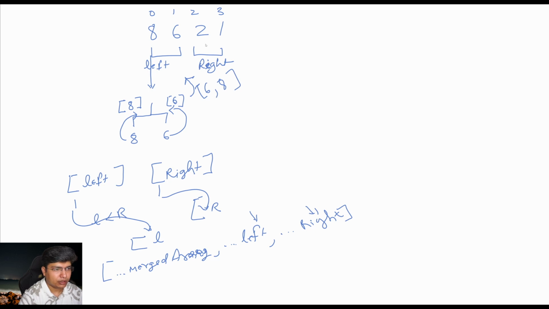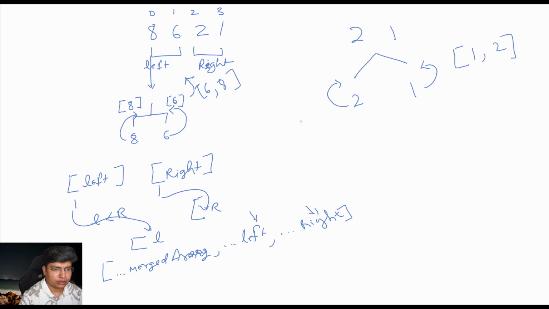Now we need to sort the right portion of the array, and this is going to work in exactly the same way. 2 and 1 will be split into two different arrays until they cannot be further divided, 2 and 1. And now from here it returns back. You compare the left array and right array and put them into the merged sorted array.